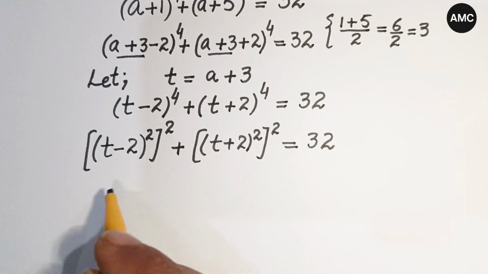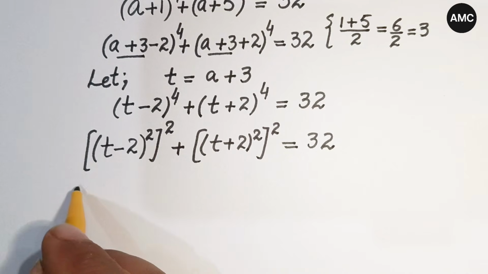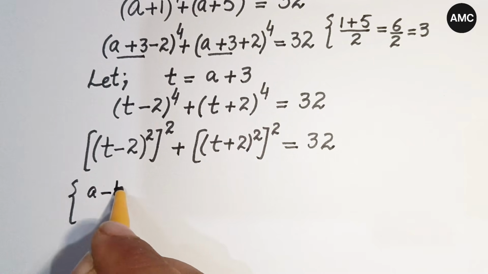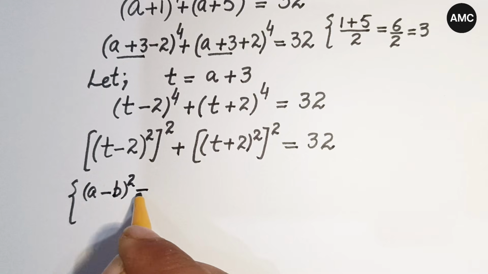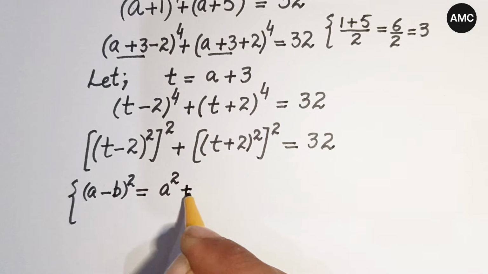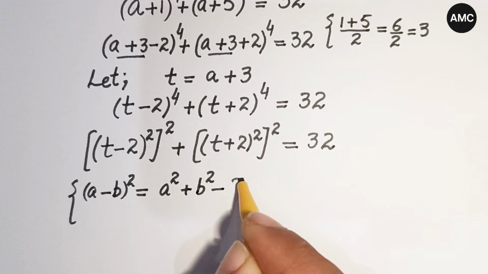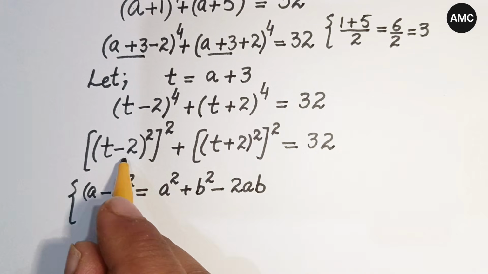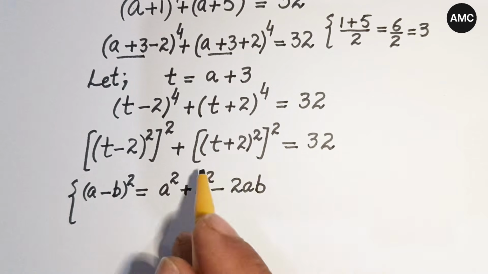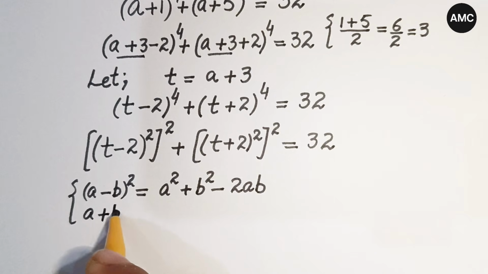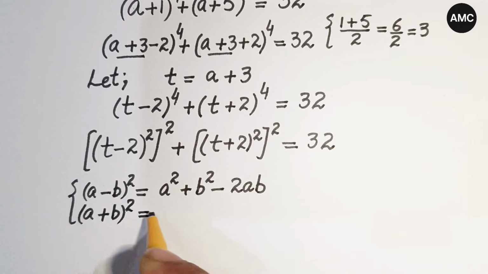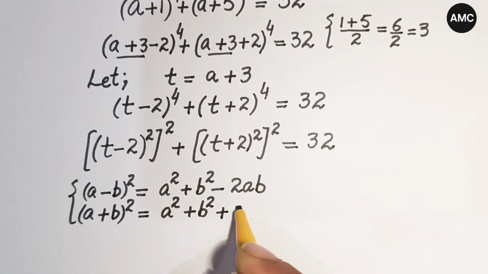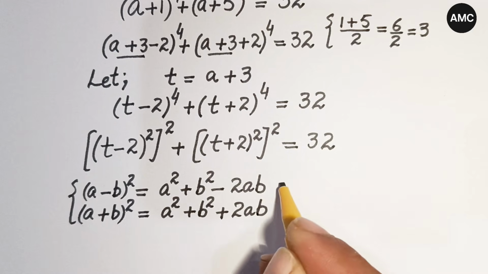Now here we have (t - 2)^2, and we know by algebraic formulas that (a - b)^2 is equal to a squared plus b squared minus 2ab. So we can use this formula here, and similarly it is (t + 2)^2, so we can use (a + b)^2, which by expanding gives a squared plus b squared plus 2ab.